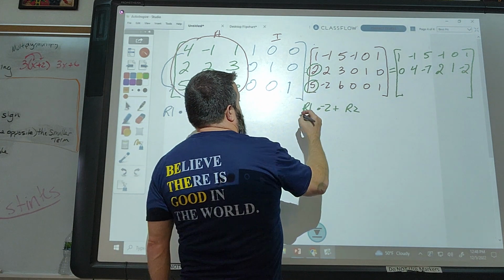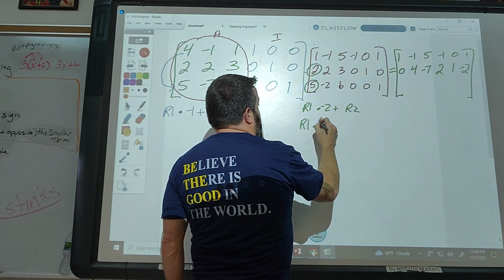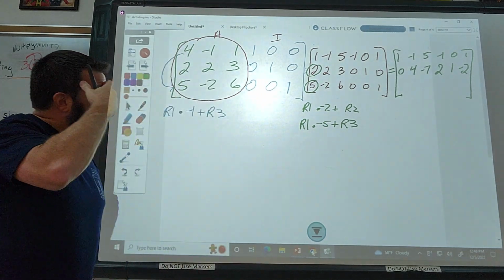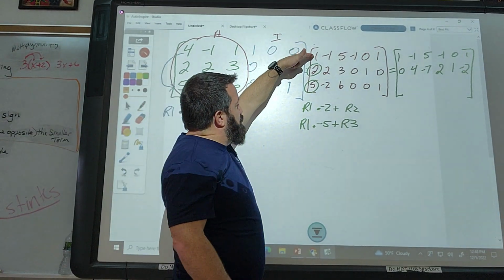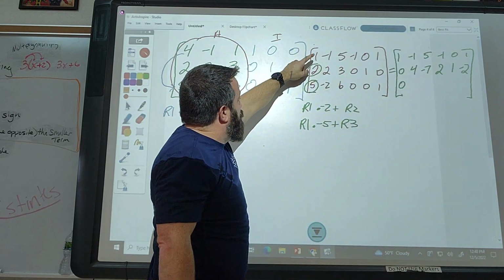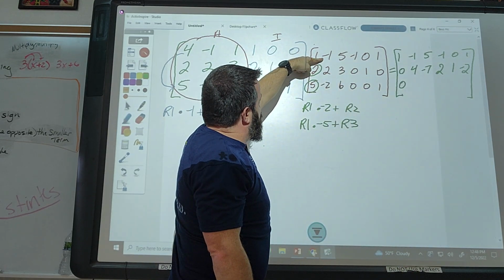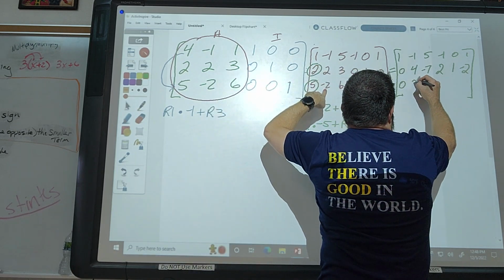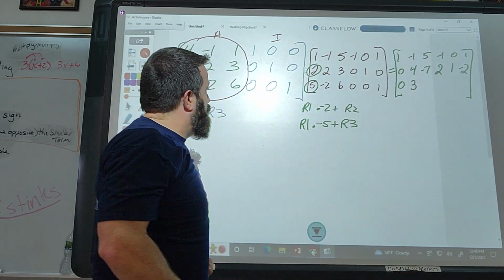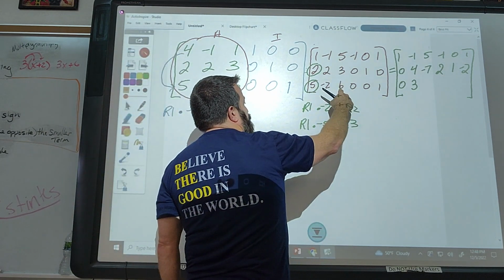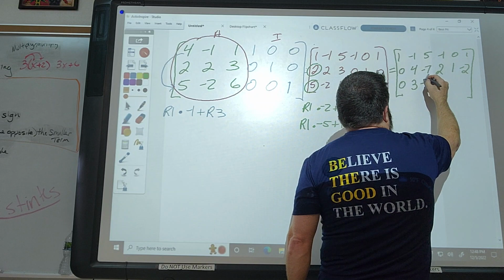I'm also now going to take row 1 times -5 and add it to row 3 to replace those values. So, again, 1 times -5 plus 5 better give me a 0. That was what I was trying to do. -1 times -5 is a +5, plus the -2 would be a +3. Then I have 5 times -5, -25, plus 6 would be -19.